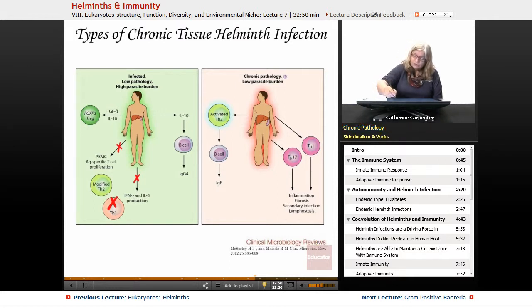Other individuals can have a chronic pathology with a very hyperactivated immune system, where we then have development of filariasis-induced lymphedema and also elephantiasis. And again, it's not a function, in this particular case, of how many pathogens are infecting the host or how long the worm is, so to speak. It's actually the immune reaction to the helminths that really is the problem.